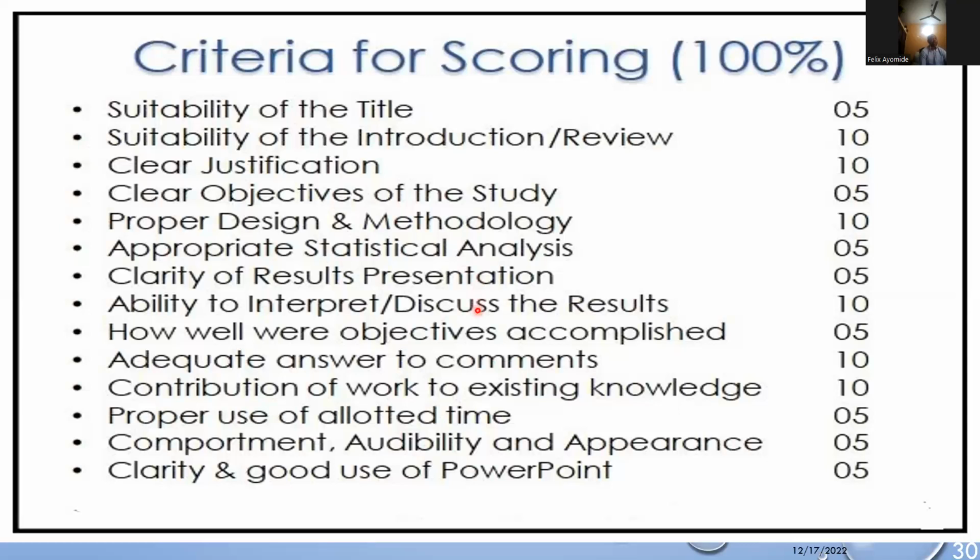And how well were your objectives accomplished? Usually when we start a project, we set out to accomplish certain objectives. We have the main objective, we have the specific objectives. At the end of the day, your objectives must be accomplished. If they are not accomplished, the work is not done.